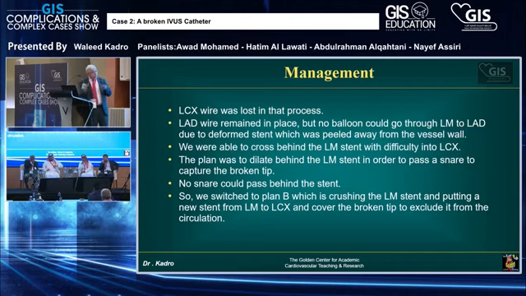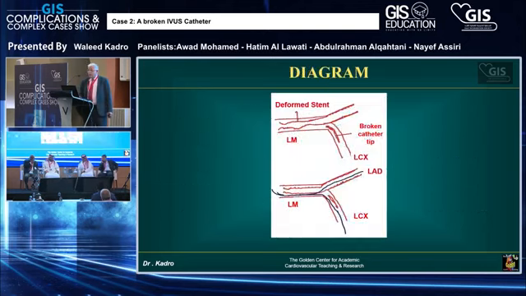The plan was to dilate this area and try to snare this piece, but no snare could go behind the stent. So we switched to plan B, which is crushing the left main stent and putting a new stent from the left main to the circumflex, to cover this broken catheter and exclude it from the circulation.